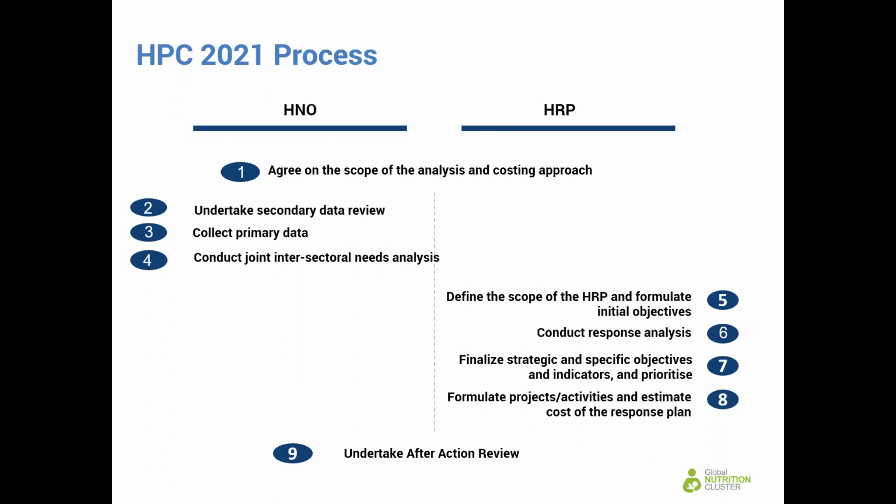And then the fourth step, and this is what the JIAF is trying to support, is really to conduct this joint intersectoral needs analysis. And the JIAF provides here, I'll show afterwards, the framework to provide a simple structure to help connect the dots, if you will.